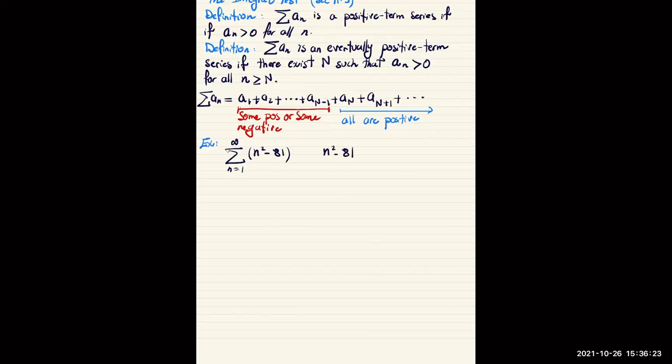okay, if you plug, and you could try it out, plug n equal to 1, plug 2, plug 3, until 9, this thing is going to be negative. So it's less or equal than, this is our A sub n.